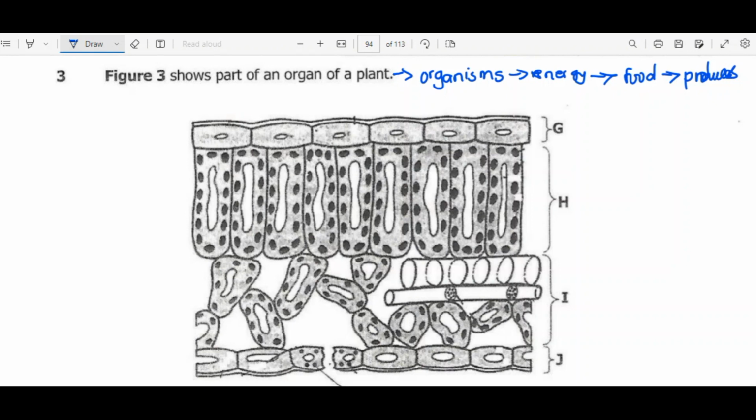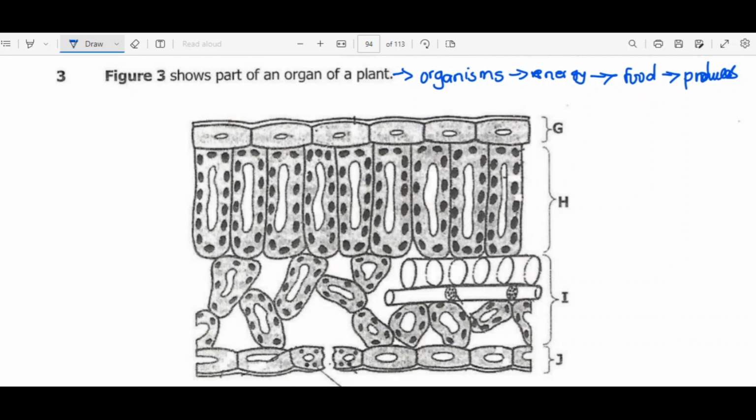Now this organ that we have here was made for manufacturing of starch, glucose, or we can just say food. So this is the primary or you can say industrial area made for production of food.